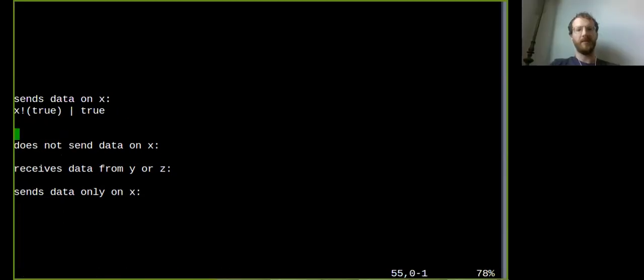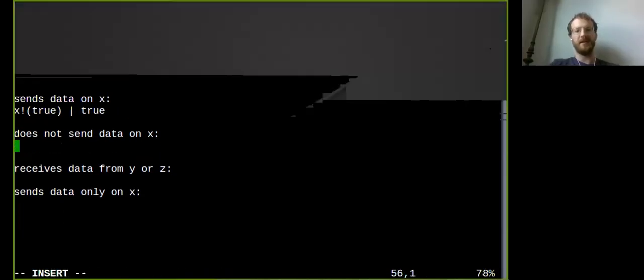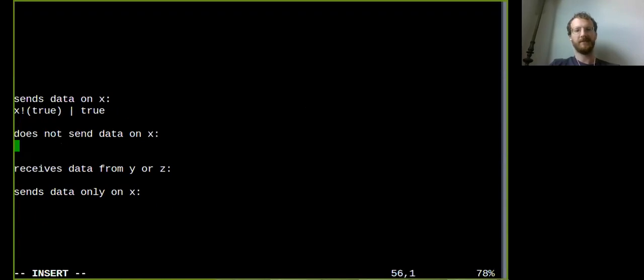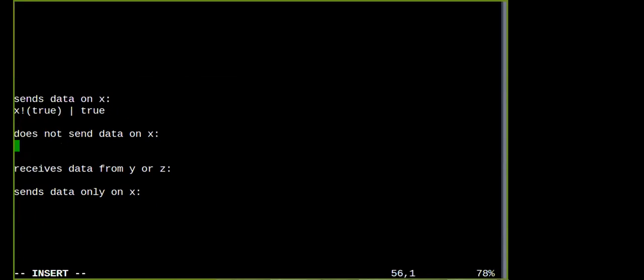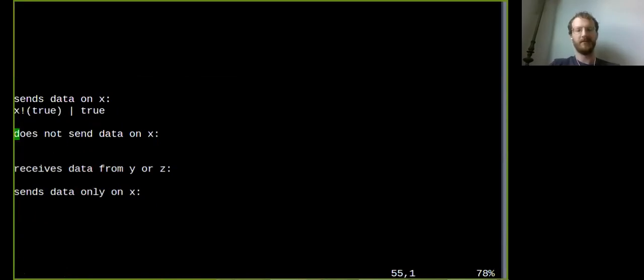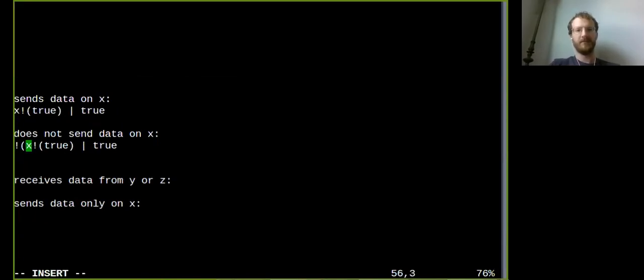Okay, so then how would we do something like does not send data on X? Well, negate the thing above, so just put not around the thing above. Yeah, that's right. That's not what I'm using for negation.